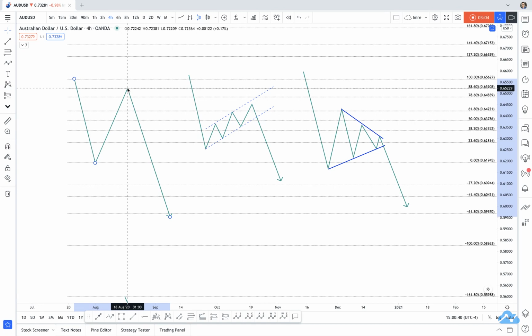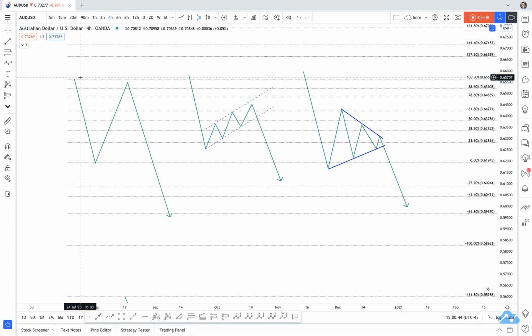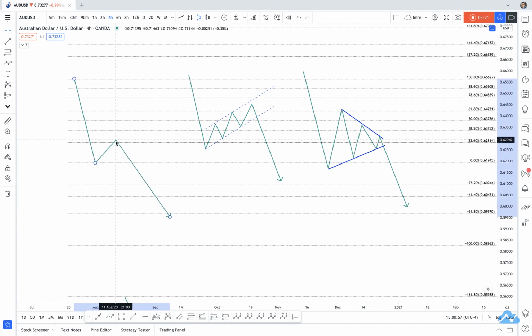Remember, the only rule of a corrective wave is that it cannot retrace more than 100% of an impulsive wave. So long as we don't retrace more than 100%, we're okay. We're in good territory. So a deep retracement is, I would say, anything that goes past 23.6%. So even if we go to 38.2% and beyond, we're starting to look at deeper retracements.